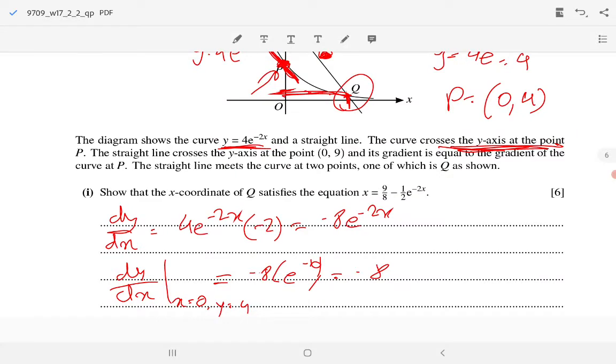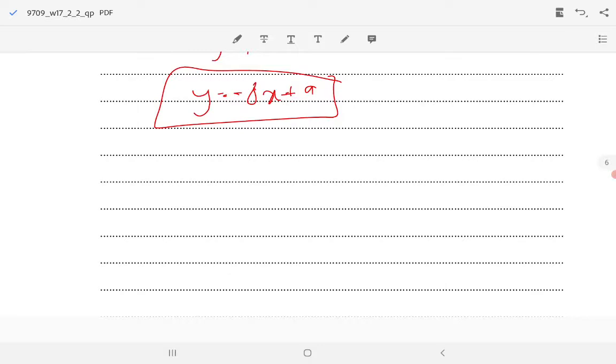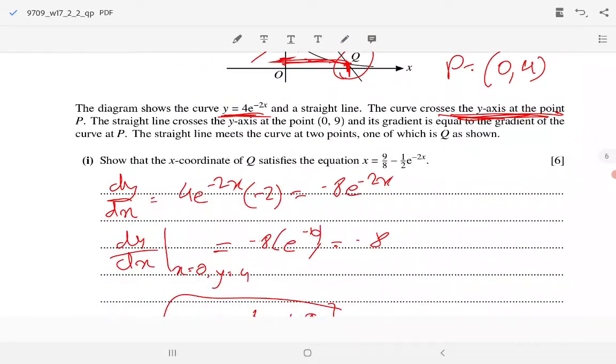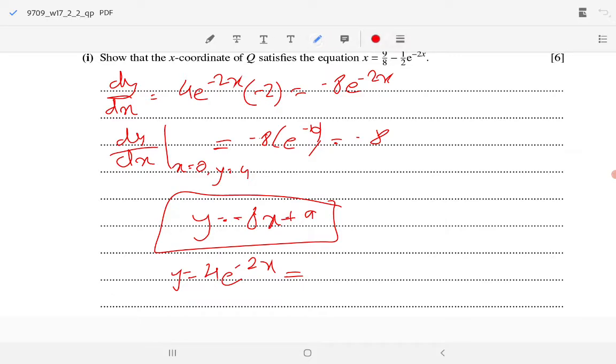We have 4e^(-2x) equal to the equation of the line, which is minus 8x plus 9. We want to find the x coordinate, so this is the equation.